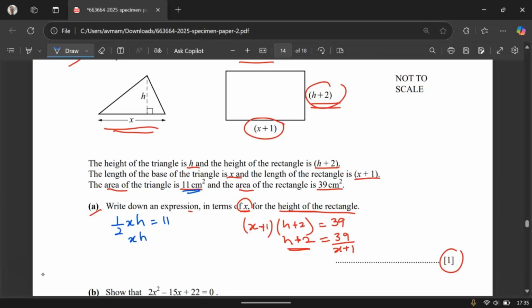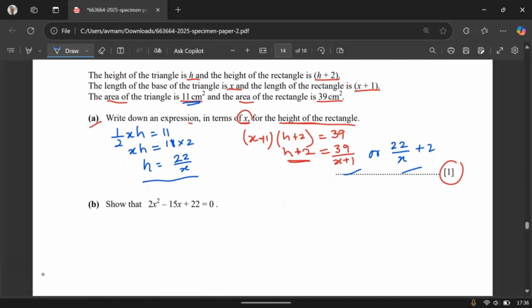You will have xh on the left hand side and 11 times 2 on the right hand side. And then divide both sides by x. So h equal to 22 divided by x. Now this is an expression for h, but the height of the rectangle is h plus 2. So you can write this answer as 22 over x plus 2. So either one of these is correct.